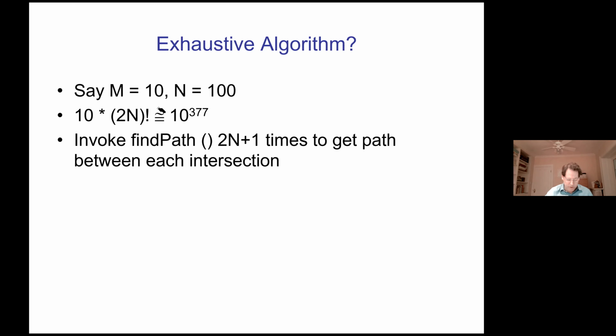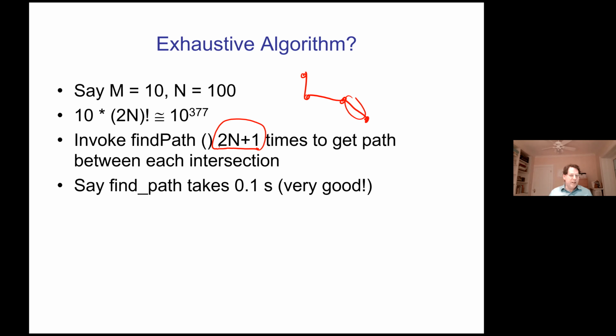So for every one of these orders, I'm going to invoke find path 2n plus 1 times: from the depot to the first delivery, then again to the next intersection, and so on. If I have 100 pickups, 100 drop offs, and a depot on each end, the number of paths is 2n plus 1.